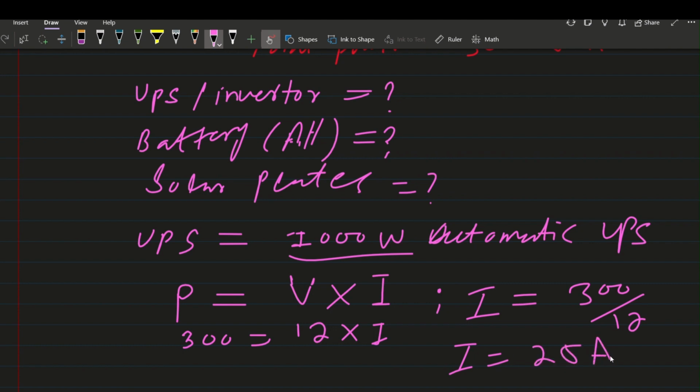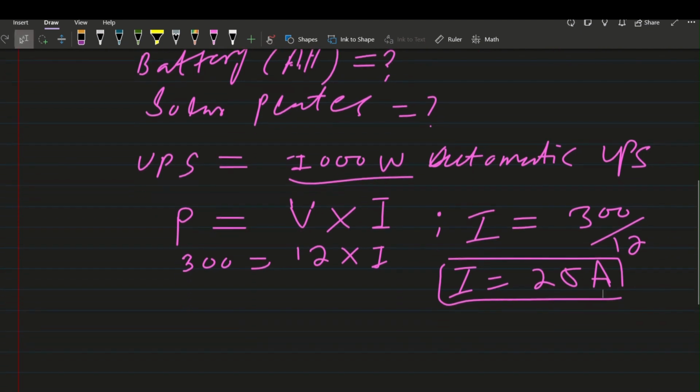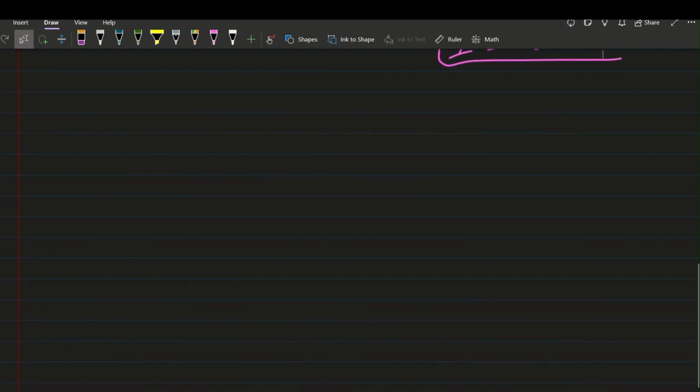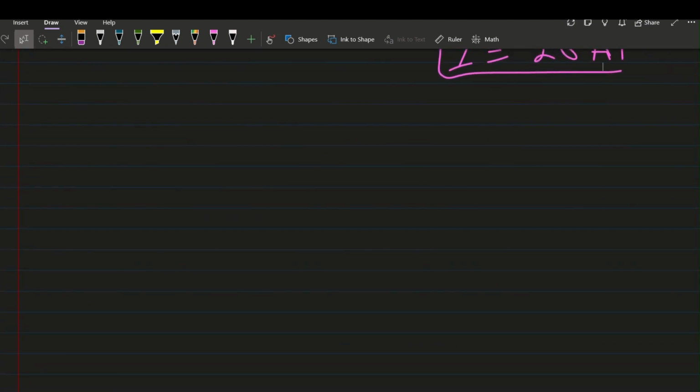Don't forget to mention its unit. It is too much important, the System International unit, SI unit. We will solve this step by step, because these are too much important while installing the solar system.